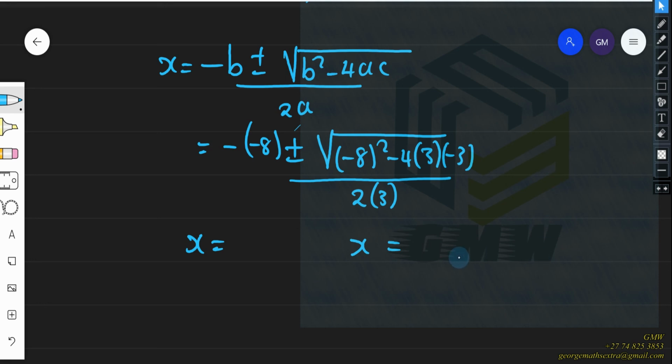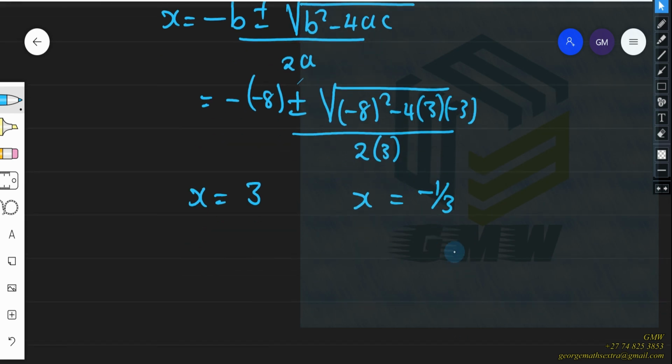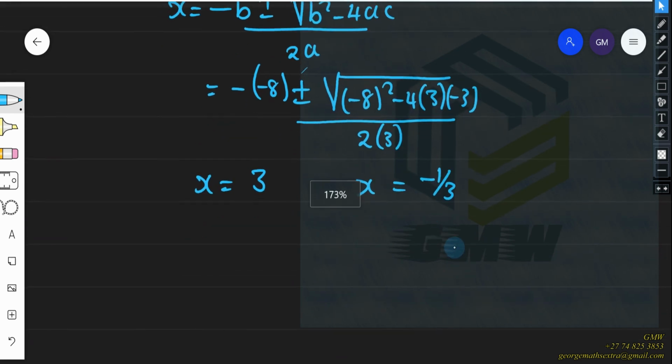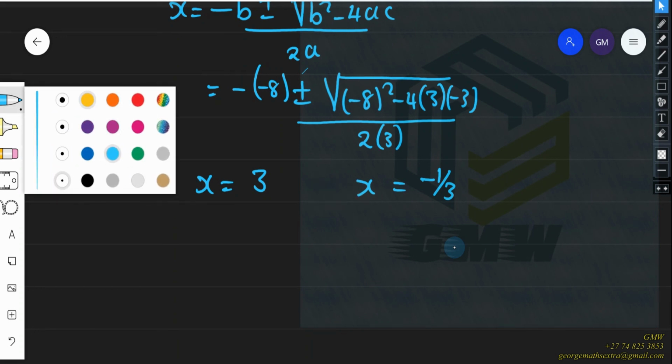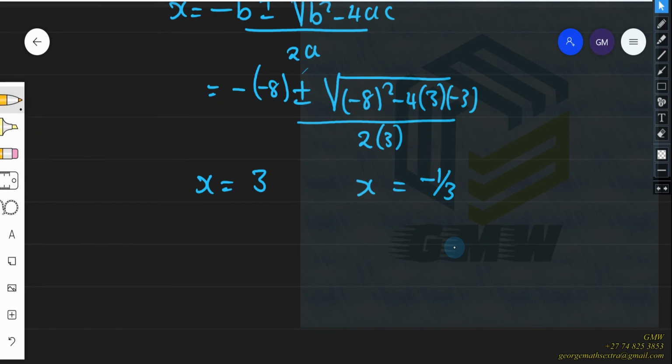And if you do that, you are going to get the values of x. One, it's x equals 3, and the other one, the value of x is minus 1 over 3. Now, the question does not want values of x, it wants the distance. So we are to choose from here the value of x which will give us the maximum distance.